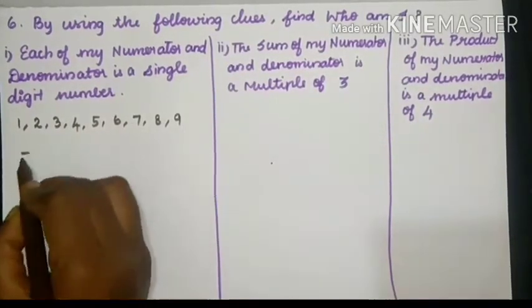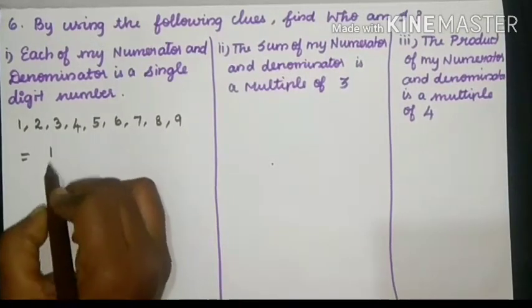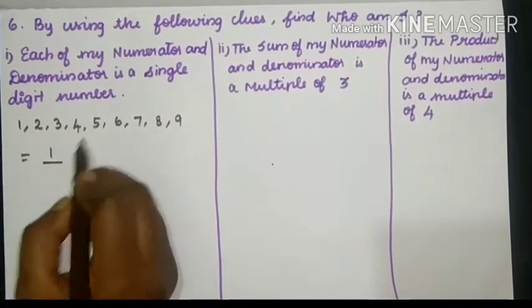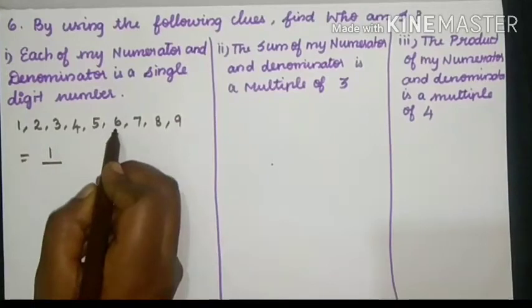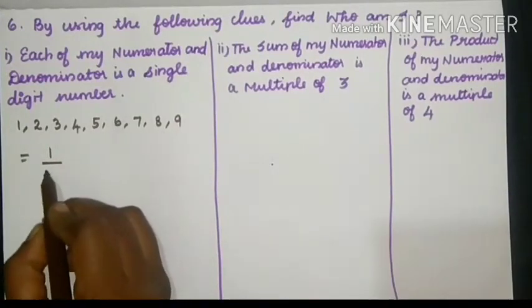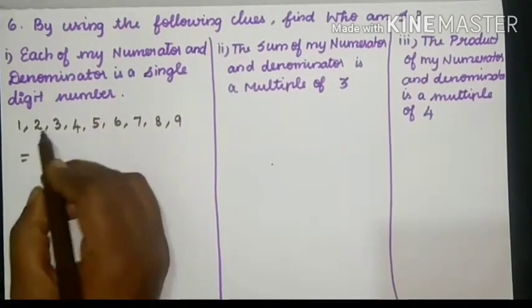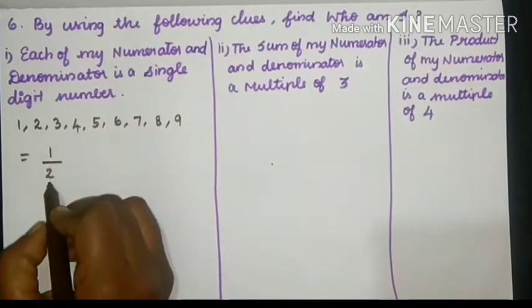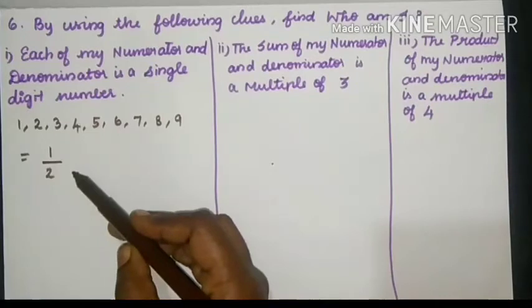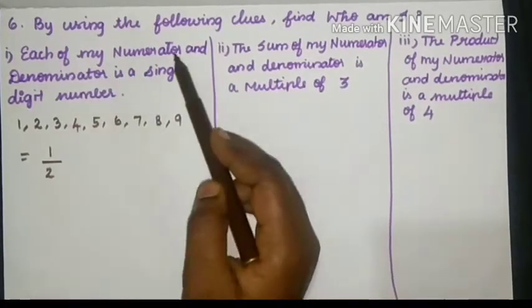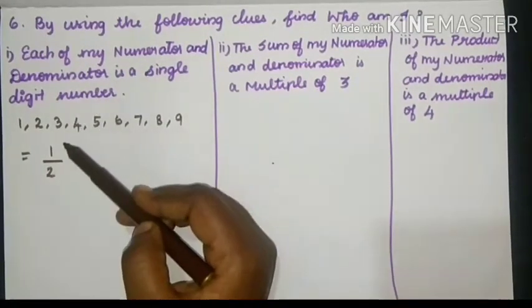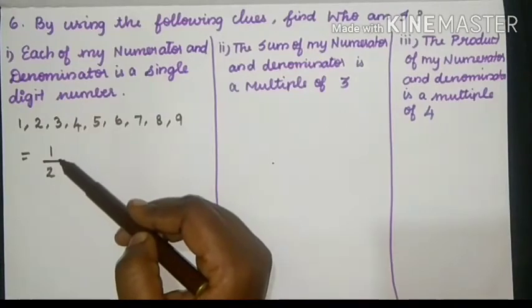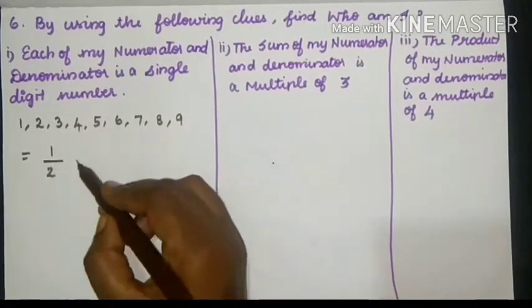For example, if you place 1 in the numerator, you can choose any other single digit number in the denominator. Here I have chosen 2 in the place of the denominator. See, it satisfies the clue: each of my numerator and denominator is a single digit number. 1 is a single digit number and 2 is also a single digit number.